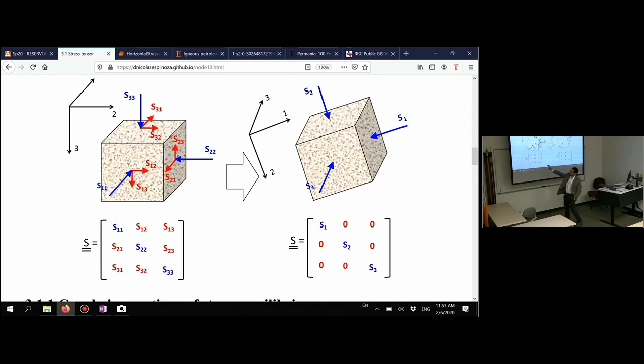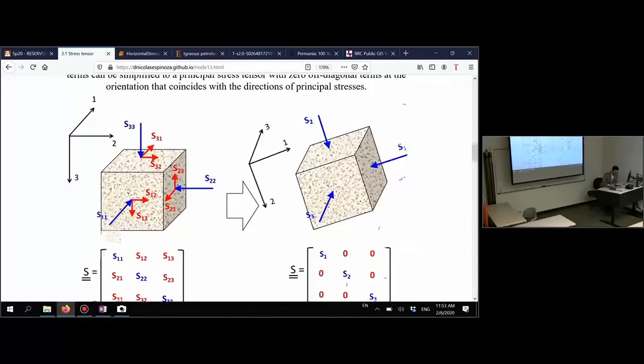All right. So in general, we're going to have this state of stress in which we have shear stresses and normal stresses. But by using mathematical operations like eigenvector and eigenvalue, we can calculate what the principal stresses are, what their values are, and also what the directions are.